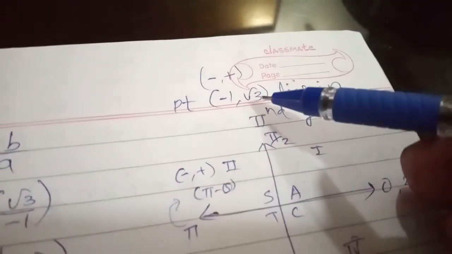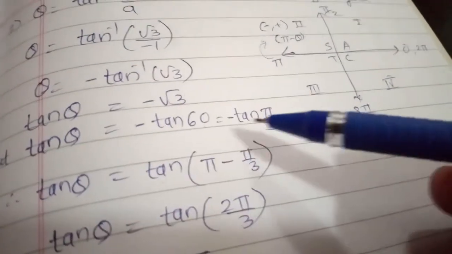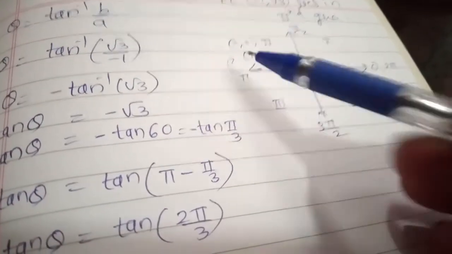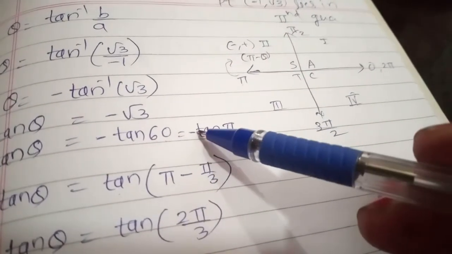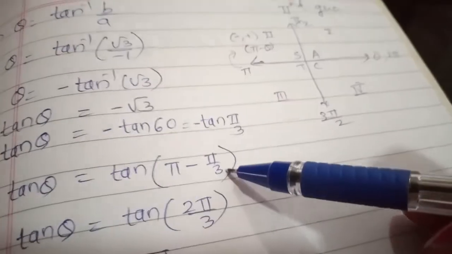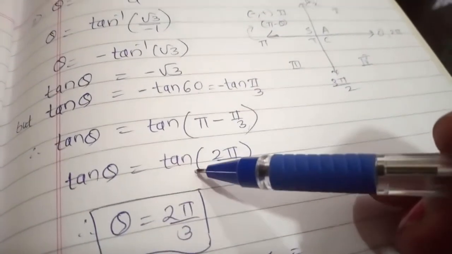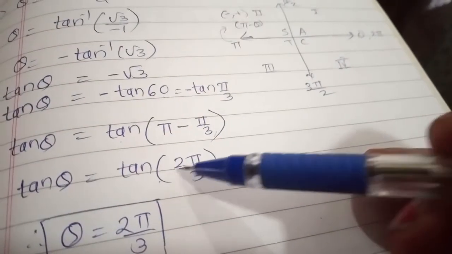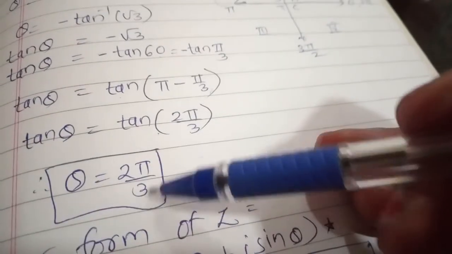So we convert this point into positive form this way: pi is as it is and my theta is pi by 3, and this minus sign gets converted into positive form. So pi minus pi by 3. Tan theta is equal to tan of, just taking the LCM, 2 pi upon 3, and so the tan gets cancelled, the theta is 2 pi upon 3.